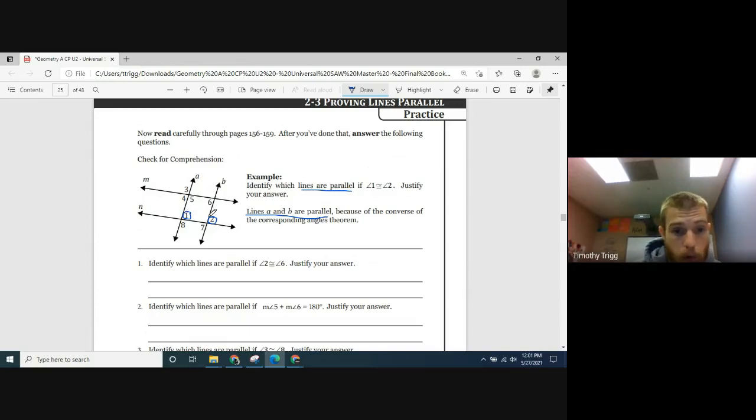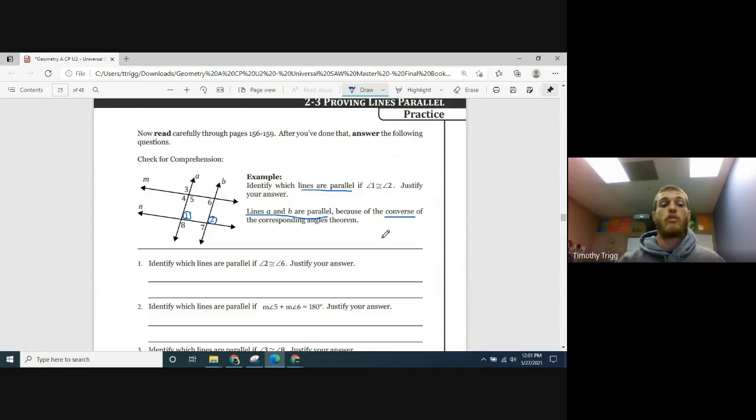You see how they're in corresponding position? So whenever we're showing that lines are parallel, we actually have to use what's called the converse. So you're going to write, in this case, A and B are parallel to each other because of converse of corresponding angles. And anytime we show lines are parallel, we're going to be using the converse.